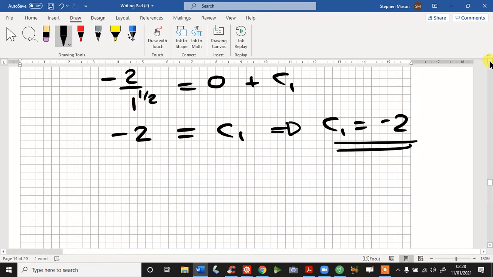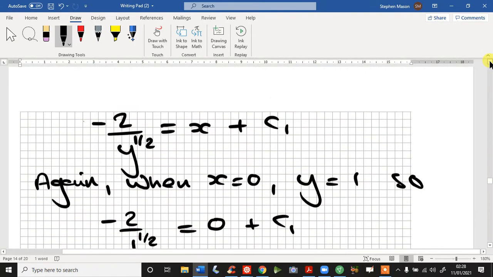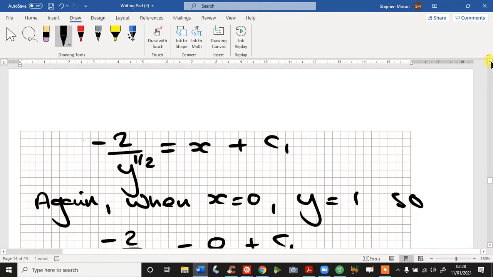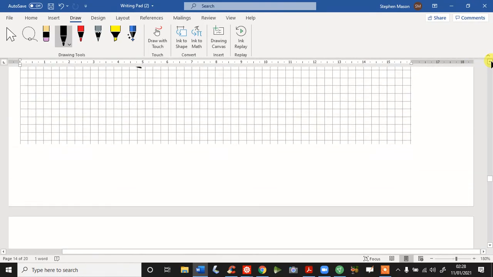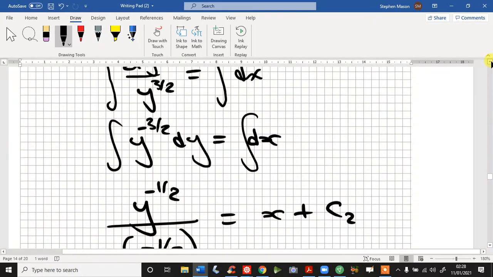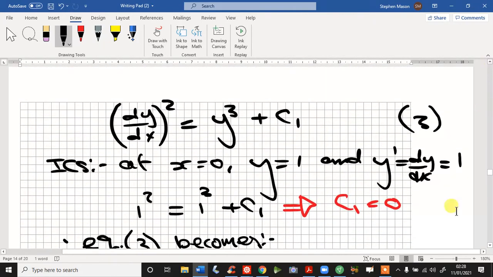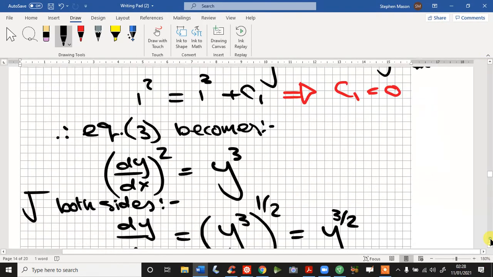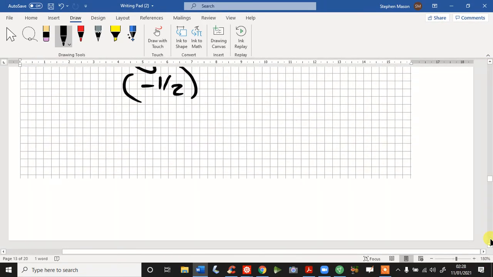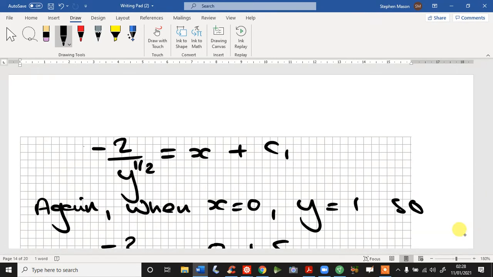So now we go back to our equation. We need to label that equation, but I've forgotten what labels I had before. So that was equation 3, and we'll call this equation 4.